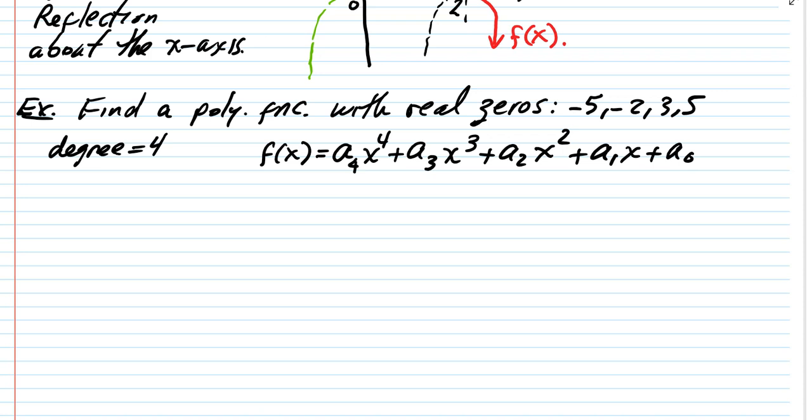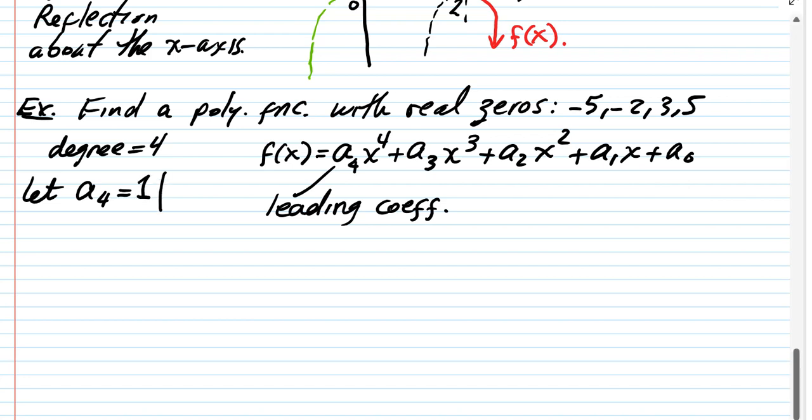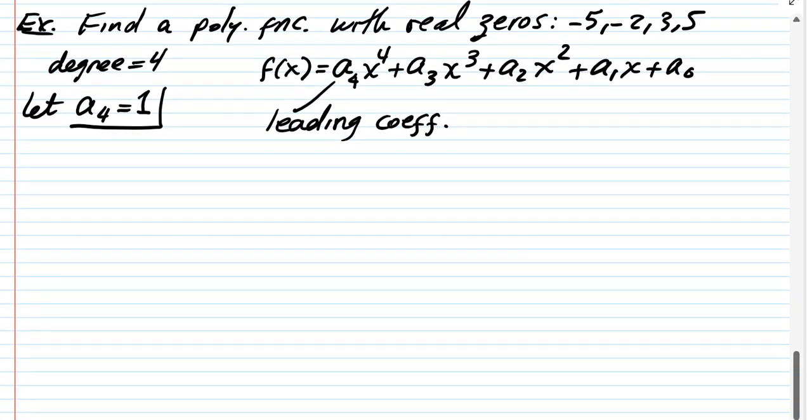Now, usually in this work, we're going to let the leading coefficient be 1. Remember the leading term is the first term if the polynomial is in descending powers. The leading coefficient is the coefficient on the leading term. We're going to let it be 1 always for simplicity. You can let it be 1,000, but for simplicity we always let that leading coefficient be 1.